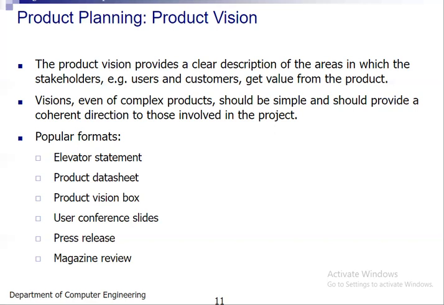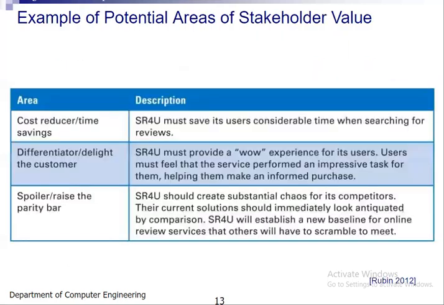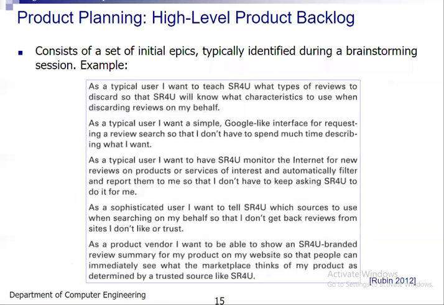We will not go into detail, but these are the formats of a vision statement, right? Elevator statement, product data sheet, product vision box, user conference slides, press release, magazine review. So we will not discuss this in detail.